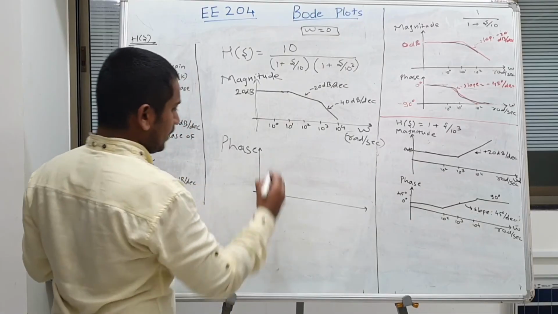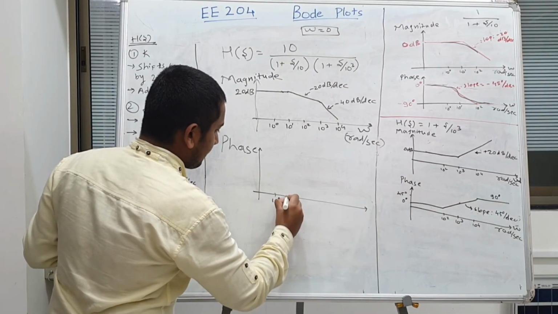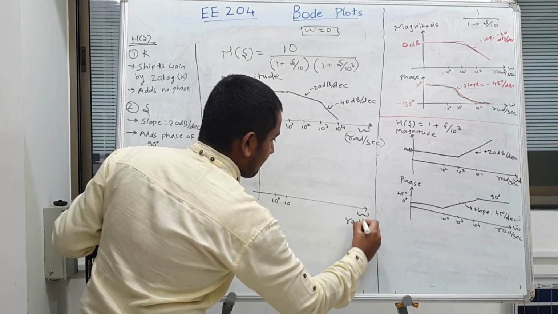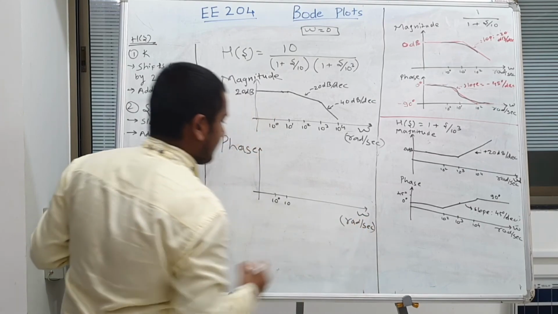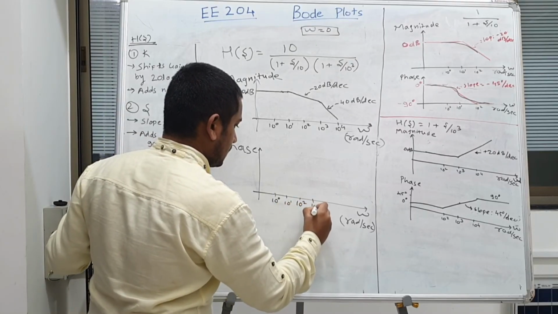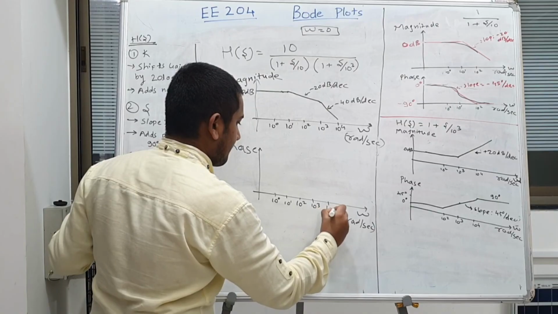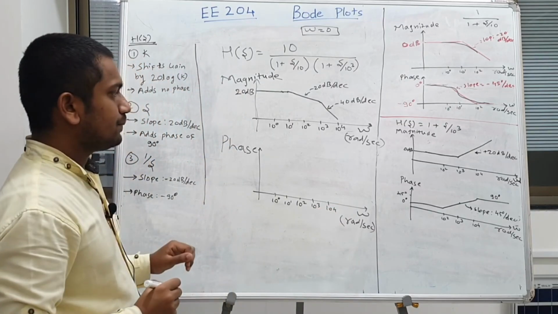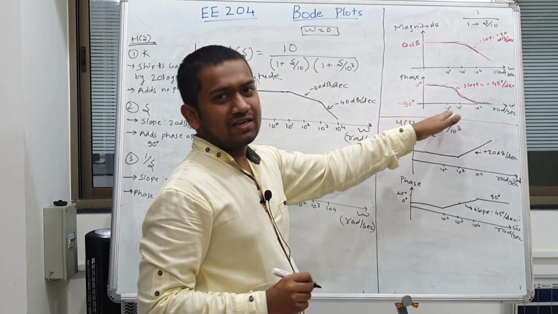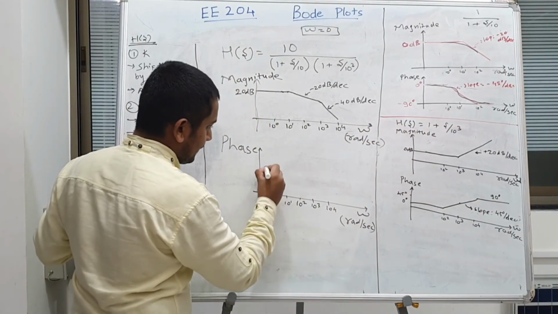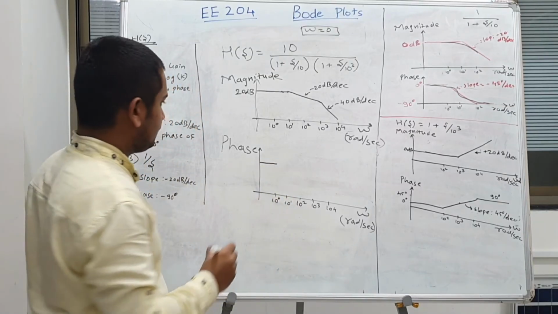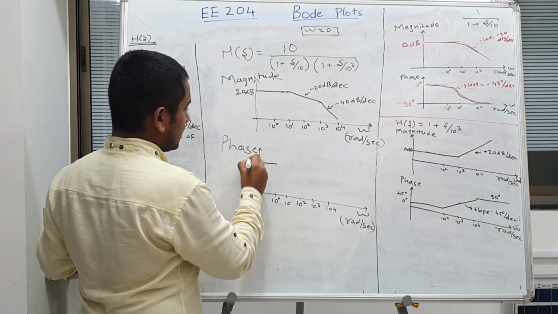Writing the frequency omega in radian per second, initially there is no impact on phase when the frequency is 10 times smaller, meaning till we reach 10 to the power 0, the phase was 0 degree.